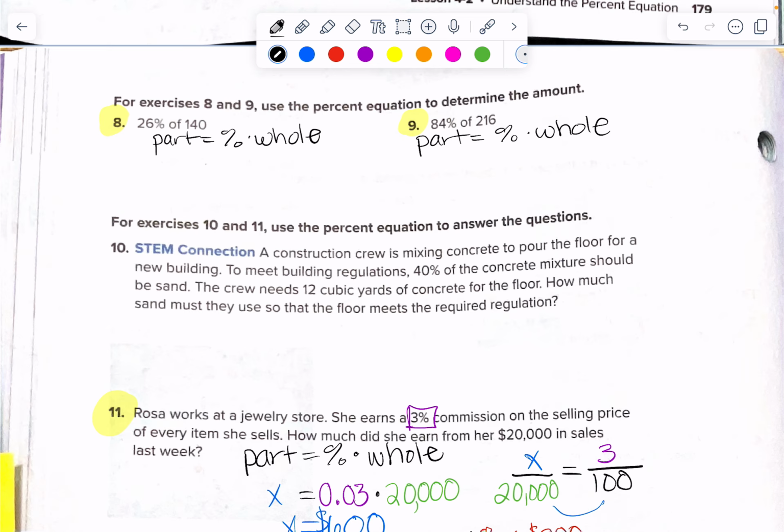I have 26% of 140, and I'm trying to figure out that part. So something is equal to, I want to turn that 26% into its decimal form, 0.26 times 140. If I take 0.26 times 140, I'm going to get 36.4.